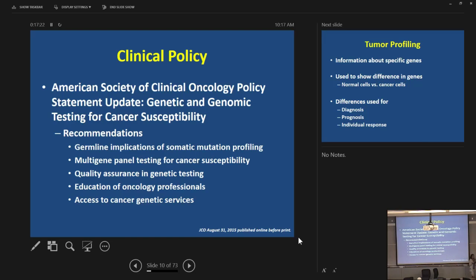So making sure that all the oncology professionals, providers who are taking care of these patients, understand what these results mean and how it implicates what treatment we're going to give, what toxicities we might expect, what we might think about prognostically, right? So making sure that we all understand how these genetic tests can be used to treat and benefit our patients, right? And then lastly, making sure that patients have access to these services, right?